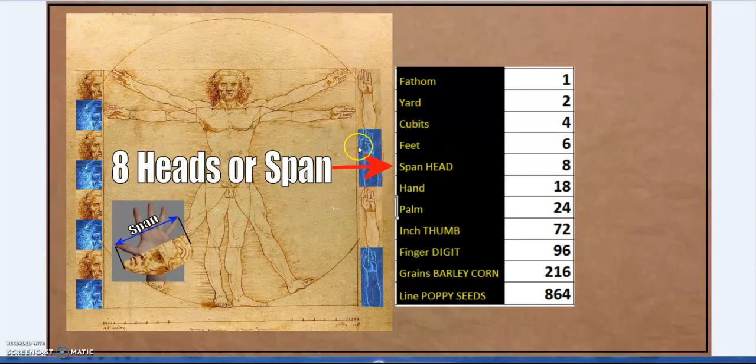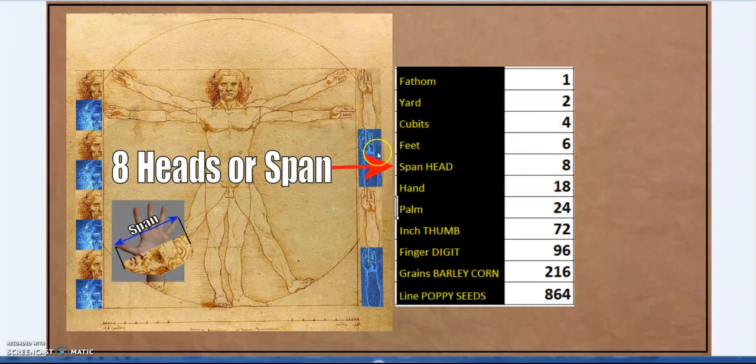So we'll get to feet later, because with feet there's so much, in some cases, active disinformation by some people, and also misunderstanding by others in regards to the relationship between feet, cubits, palms, etc. But 8 heads or 8 span, from your thumb to your smallest finger, that is 1/8 of your height, and that is by the modern imperial. 8 span is equal to 4 cubits.